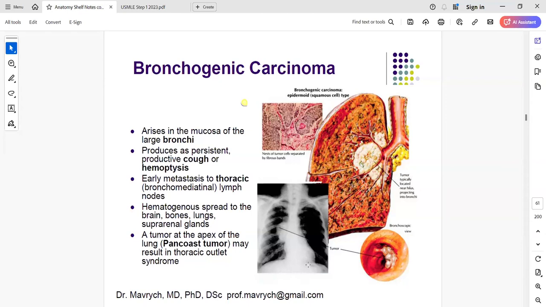Now they're going to show you the x-ray. They're going to tell you the patient comes to you complaining of mucus, productive cough, hemoptysis, which should ring a bell. The patient is old, has a smoking history, is coughing a lot, stuff like that.